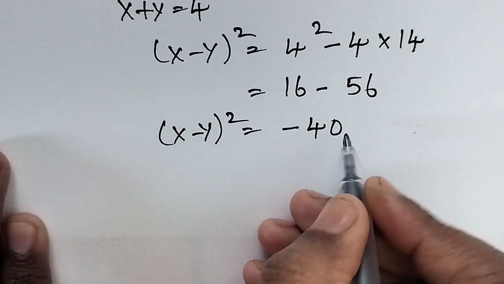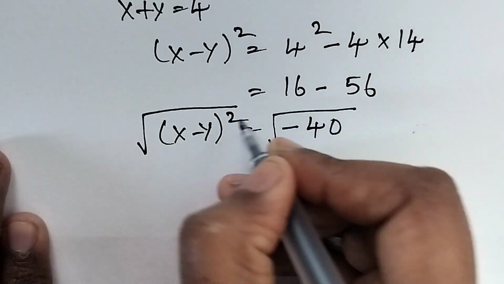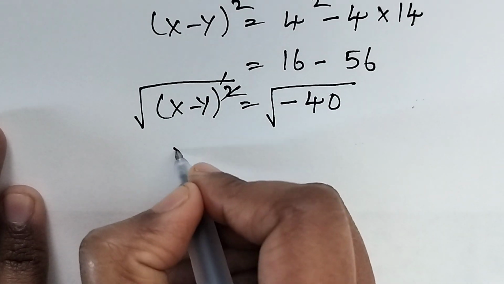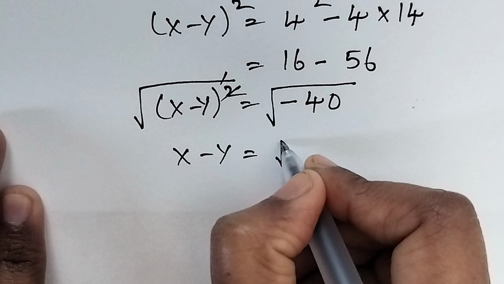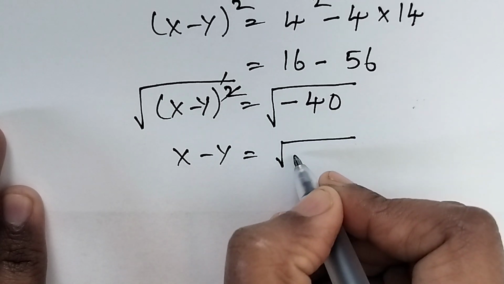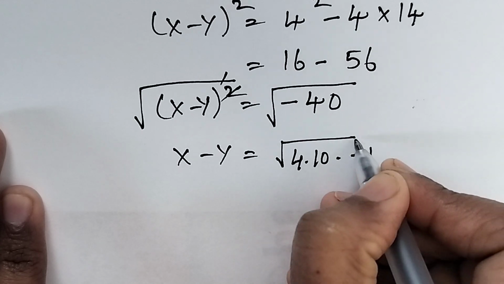So apply square root on both sides. So the square root gets cancelled. x minus y is equal to the square root of 40, which we can write as 4 times 10 times minus 1.